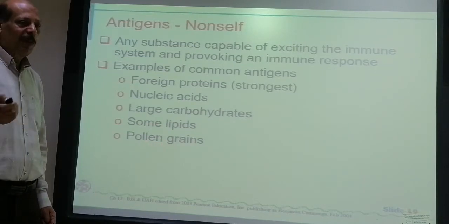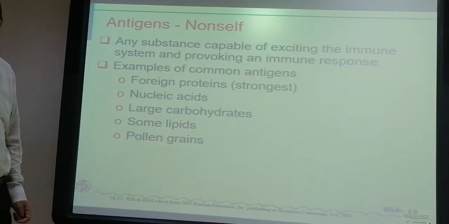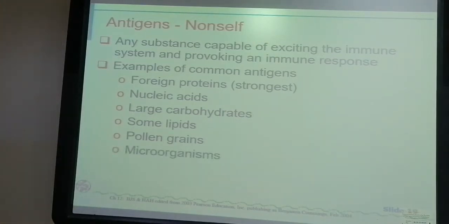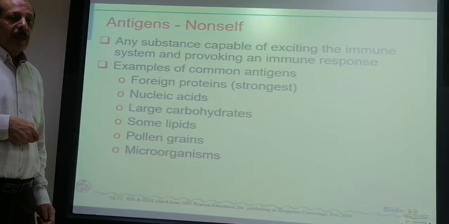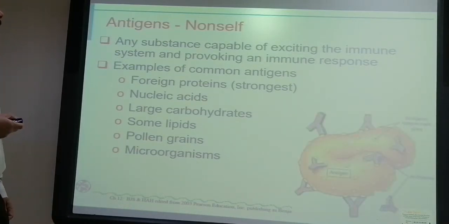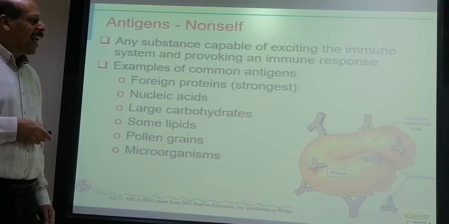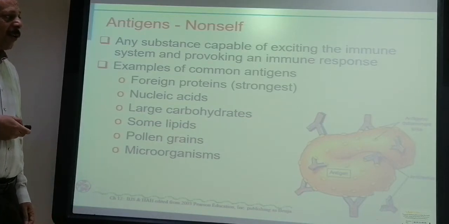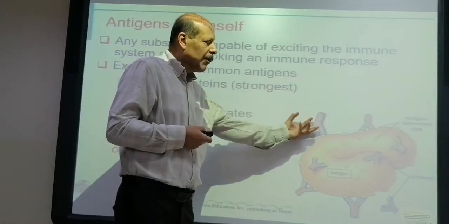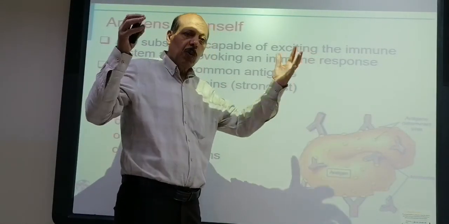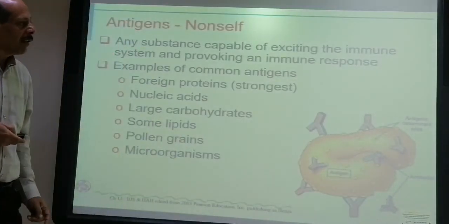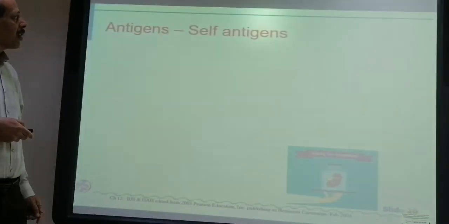Now it is the period for the grains. Microorganisms. So all of them are considered antigens. For the antigen, the body will form antibody which will attach to it and help in its destruction.